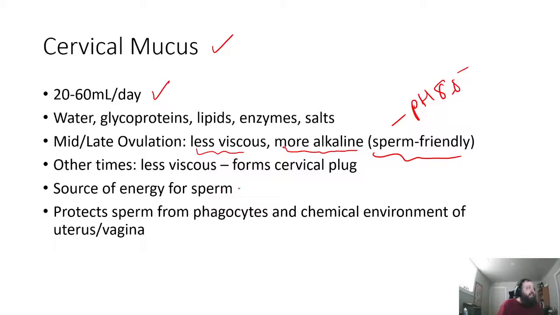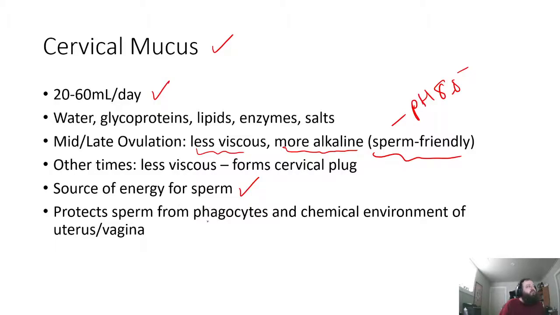They actually, in addition to that, are providing an energy source. So the cervical mucus contains a source of energy for the sperm. At other times, the mucus in cervical mucus is much more viscous and will actually do the exact opposite and form a cervical plug that will prevent the sperm from being able to enter into the uterus in the first place.